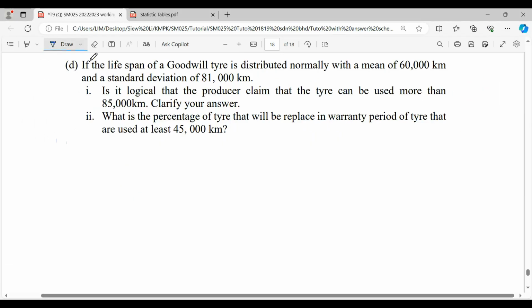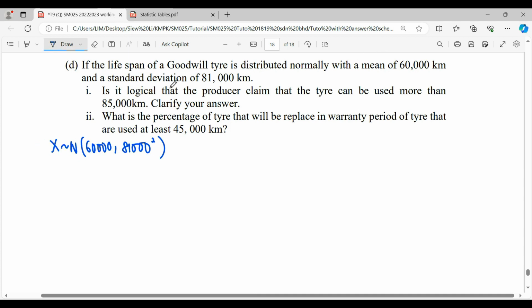Next, for this question, it says the lifespan of the Goodwill tyre is distributed with mean 60,000 and standard deviation 81,000. So X represents our lifespan, normally distributed with mean 60,000 and standard deviation 81,000. In the distribution we need the variance, so 81,000 squared.